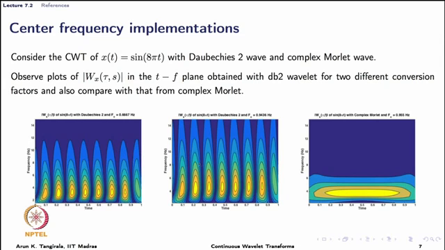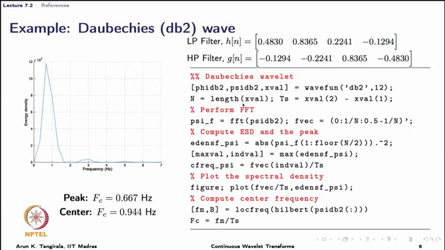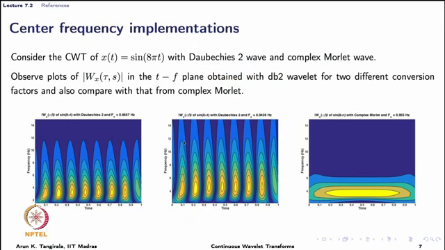Now, what I welcome you to do, as an exercise, is repeat whatever we have done here, including the center frequency calculation, with dB10, for example, that is increasing the number of vanishing moments from 2 to 10. Does it make a big difference in the CWT, in the center frequency calculation and so on? I leave that exercise to you, and you can come back to us if you have any questions.